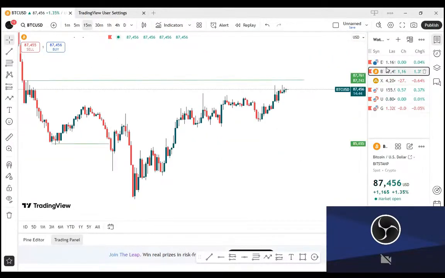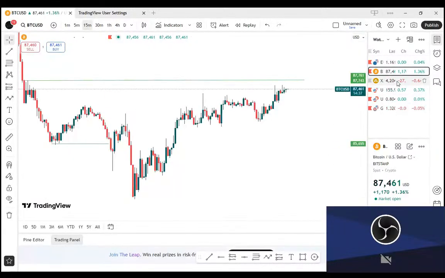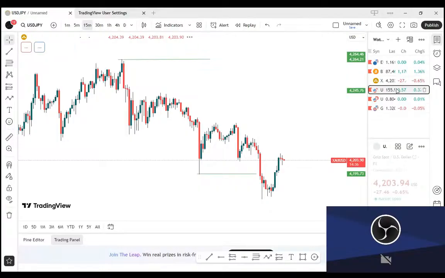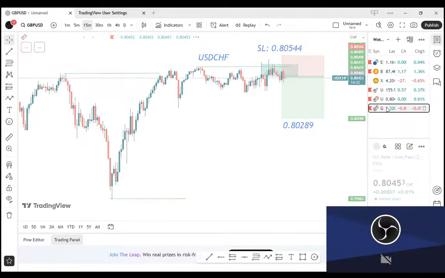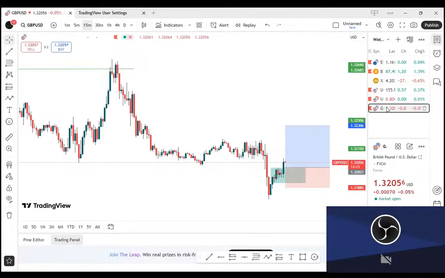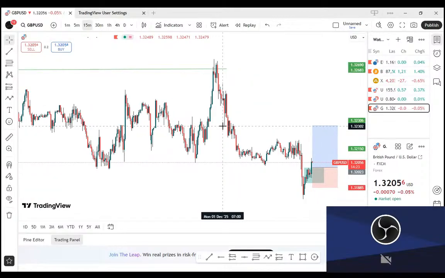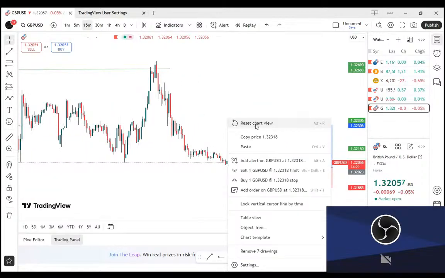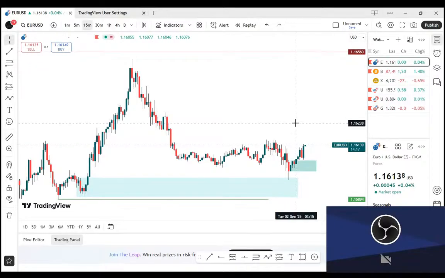So BTC USD closes bullish and this closes bullish. We're having GBP USD and Euro USD.